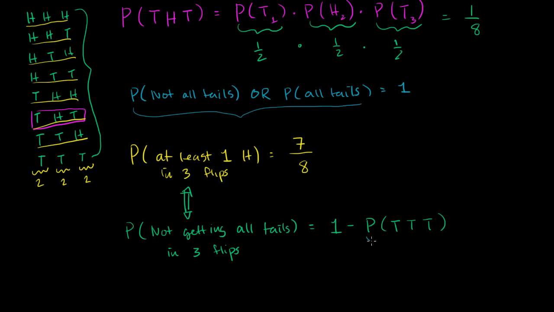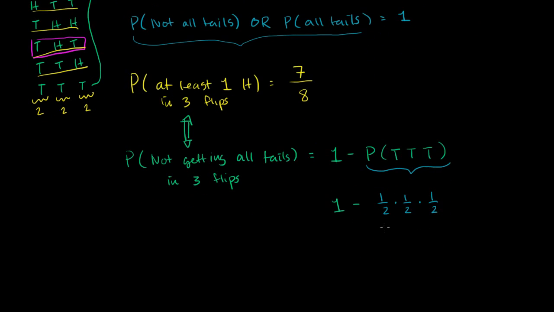And the probability of all tails is pretty straightforward. Let me write it here so it becomes a little clearer. So this is going to be 1 minus the probability of getting all tails. You have a 1/2 chance of getting tails on the first flip, and then you're going to have to get another tails on the second flip, and then another tails on the third flip.